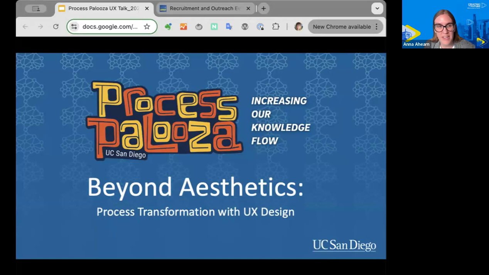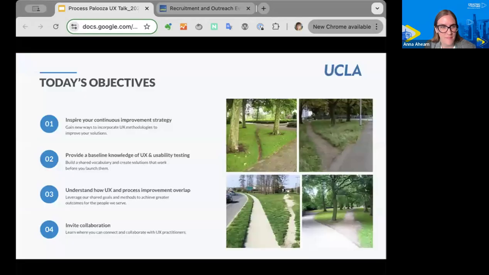We hope to bring an introduction for you today as we cover these topics. Really encouraging to see all of you here and that you're willing to learn more. We have several objectives to meet. We're hoping to inspire you to consider incorporating UX methods into your continuous improvement practice or just your practice in general.